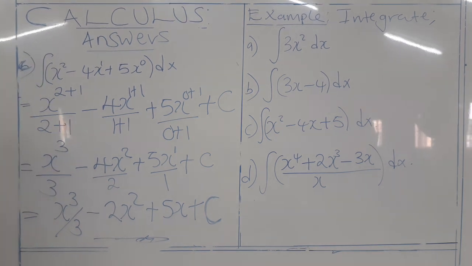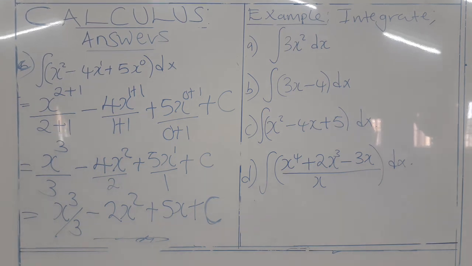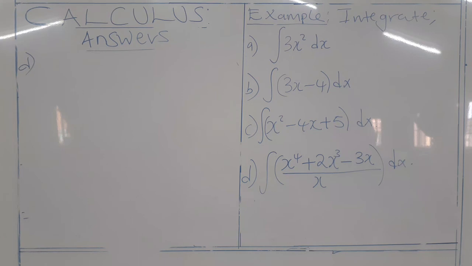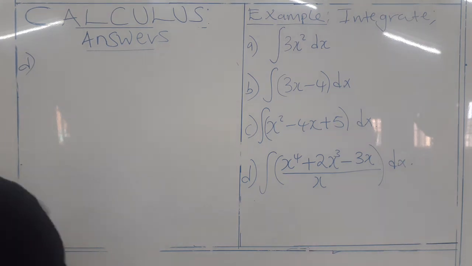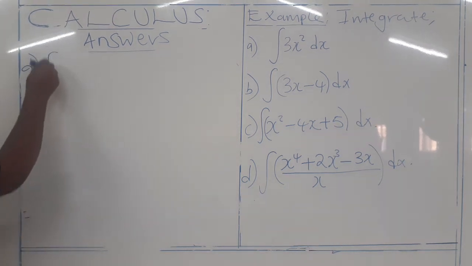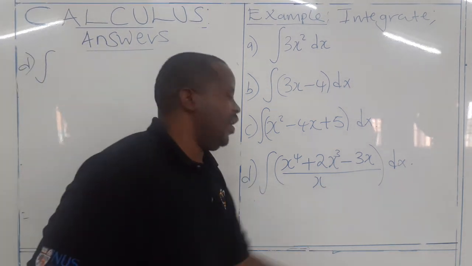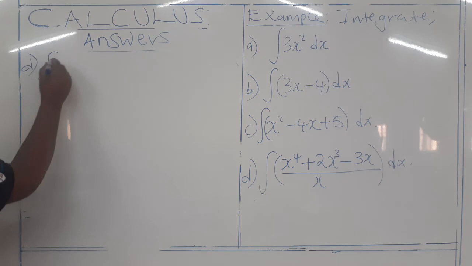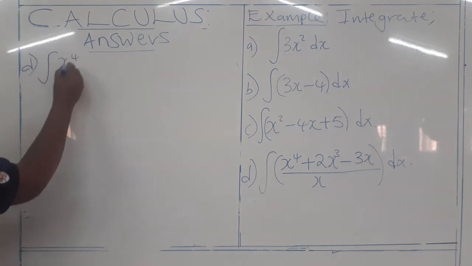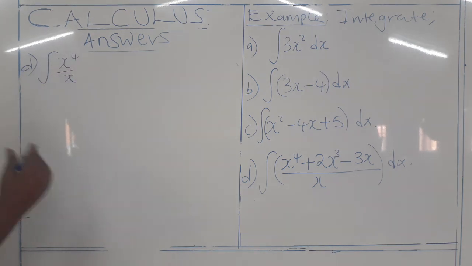This is the C. Okay, so let's try the fourth one. So now, with this one, we are dividing everything by what? By x. So we have x to the power 4 divided by x. We can divide it 10 by 10.